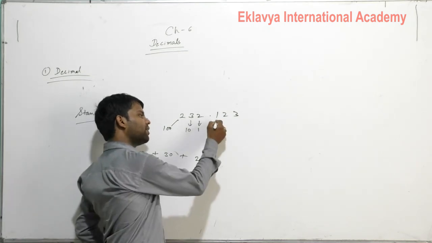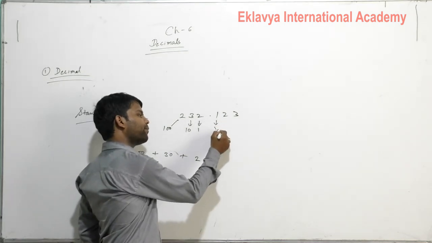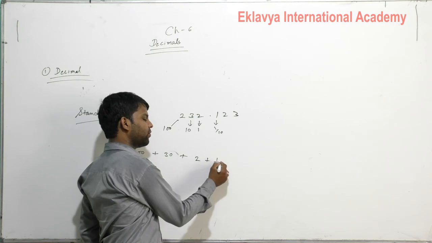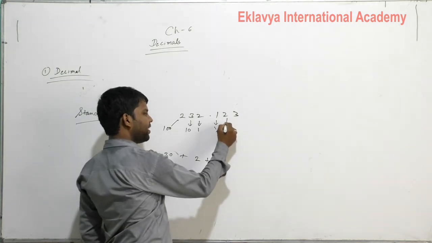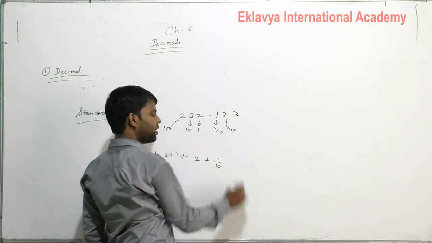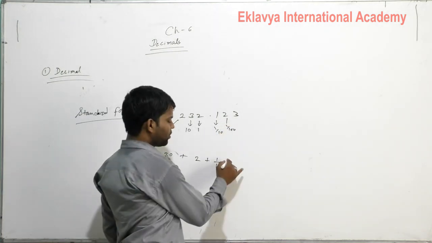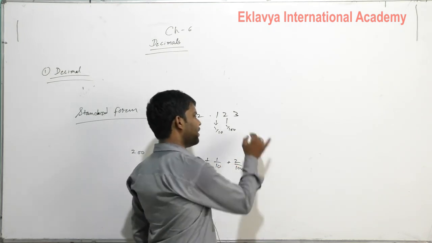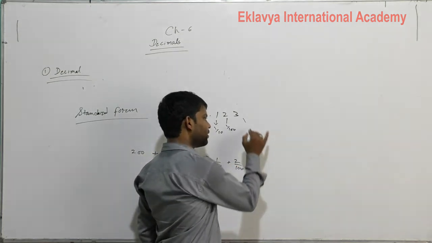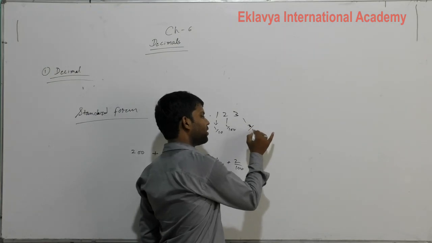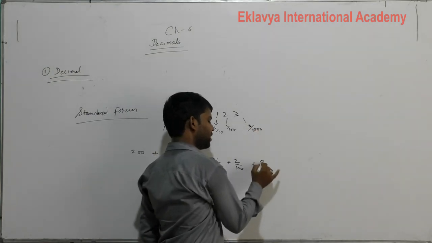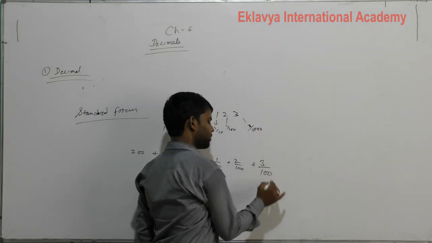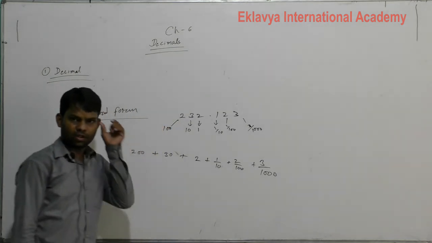After the decimal, its place value is 1 upon 10, so we write 1 upon 10. Then its place value is 1 upon 100, so we write 2 upon 100, and its place value is 1 upon 1000, so we write 3 upon 1000.